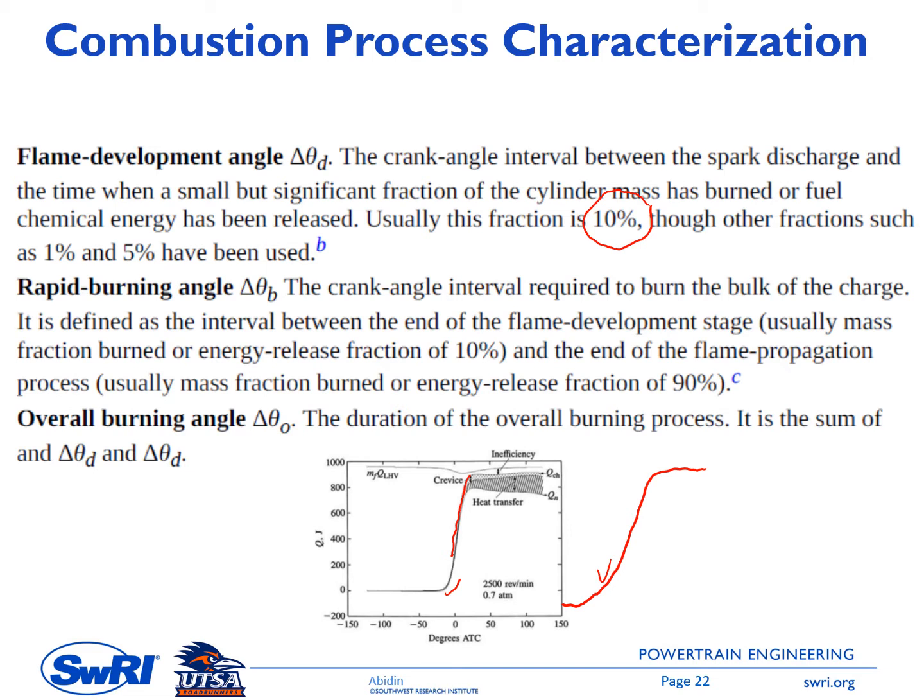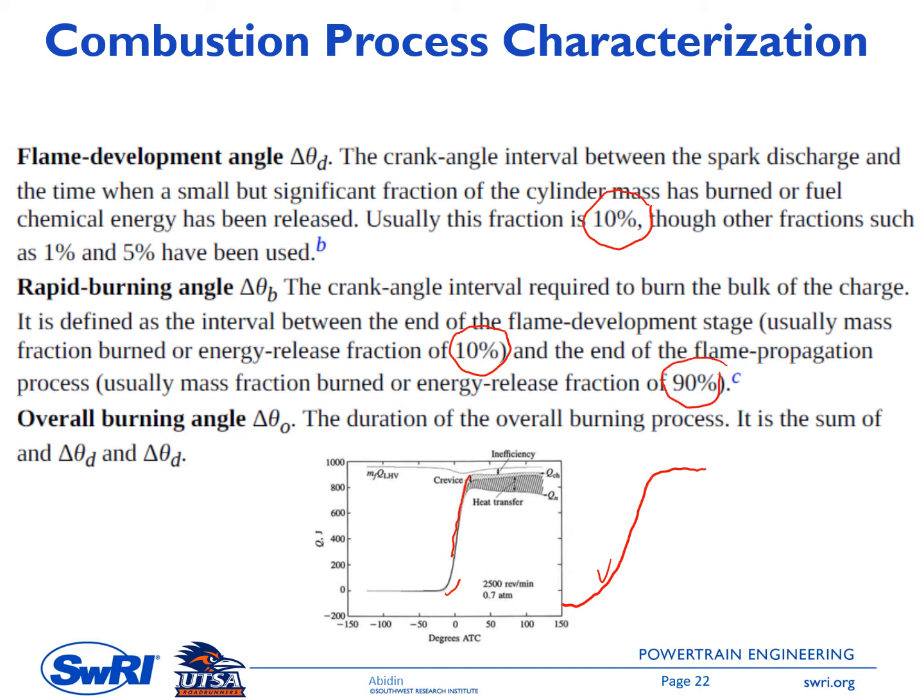And then the next one, we have what is called the rapid burning angle, delta theta b. This is the crank angle interval required to burn the bulk of the charge. Usually we use the interval between 10% mass fraction burn and 90% mass fraction burn.